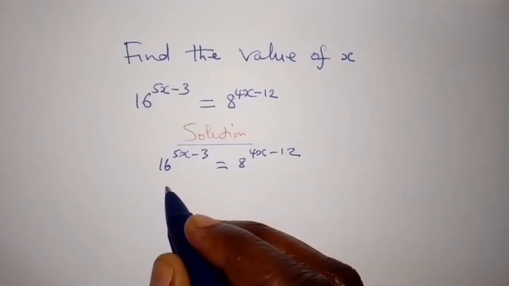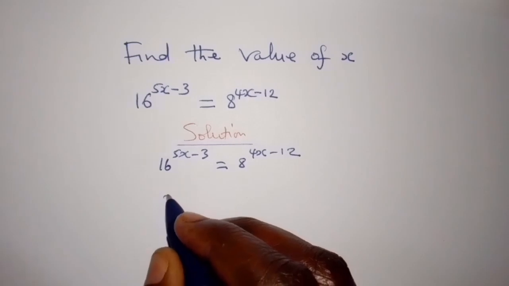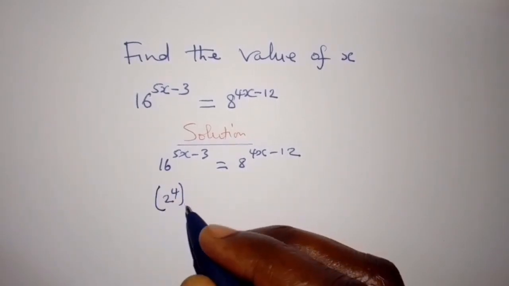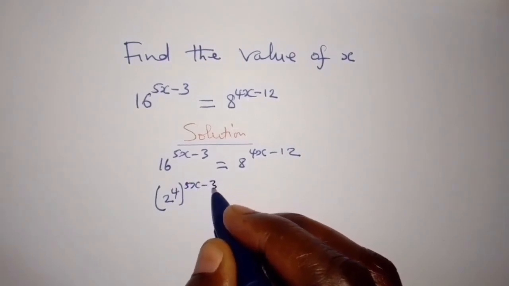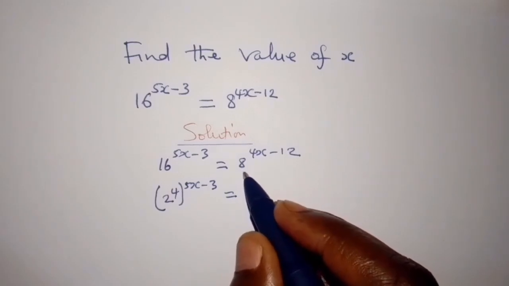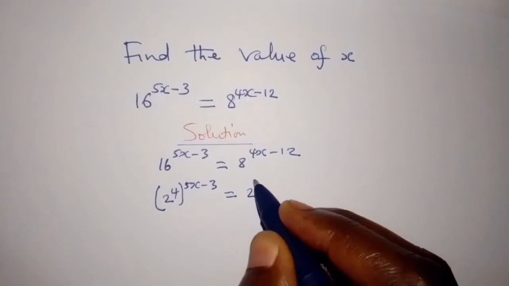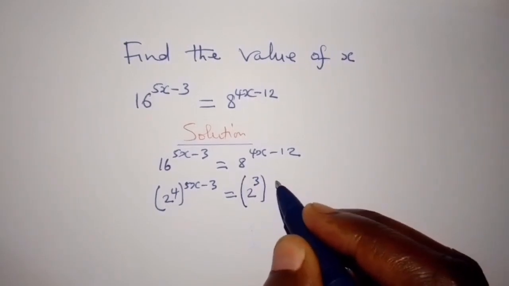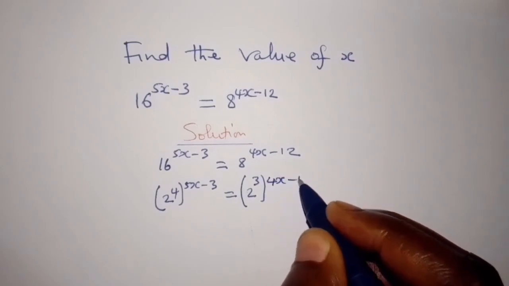We can write 16 as 2 power 4, in brackets, power 5x minus 3, is equal to 8. We can write 8 as 2 to the power of 3, in brackets, power 4x minus 12.